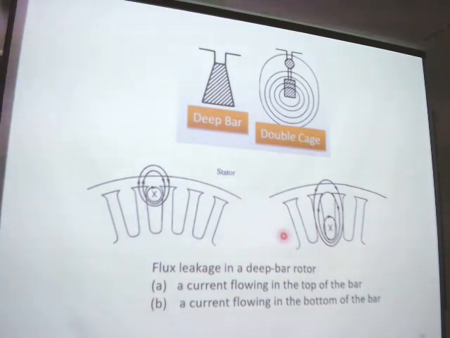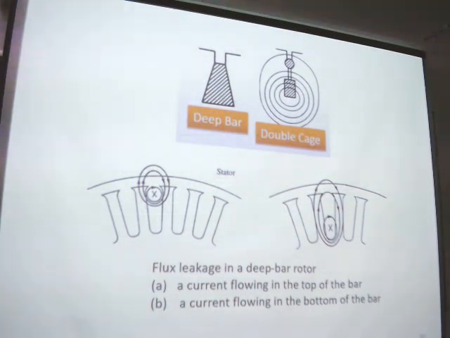At starting time, the frequency of the rotor is high, but during normal running, the frequency of the rotor is low. So for different frequencies, we use this method. There's a skin effect in current.